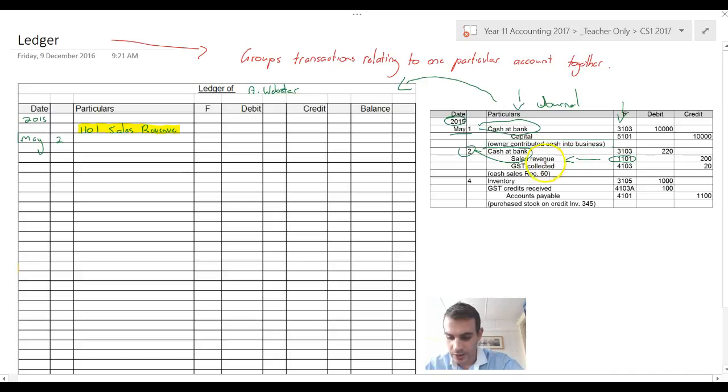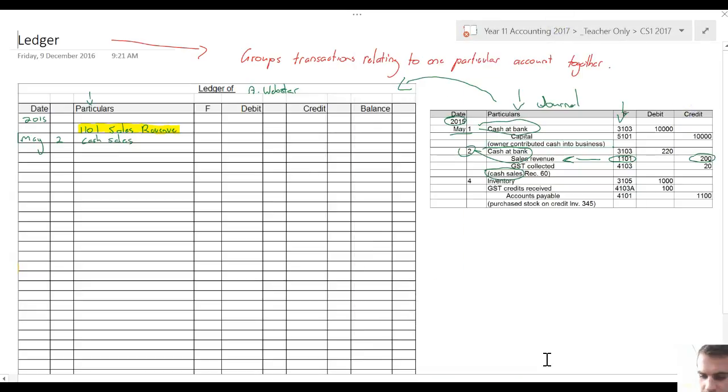We have sales revenue. What you need to do in particulars is just use the narration. So we have cash sales of $200 credit. You can see here there are headings: debit, credit, and balance.